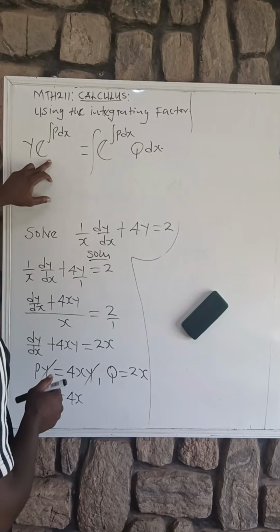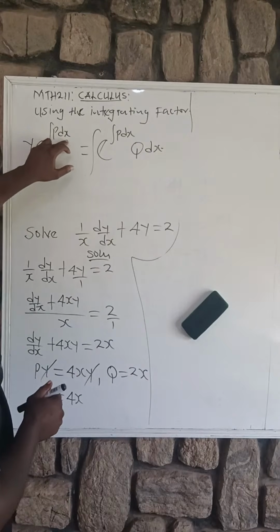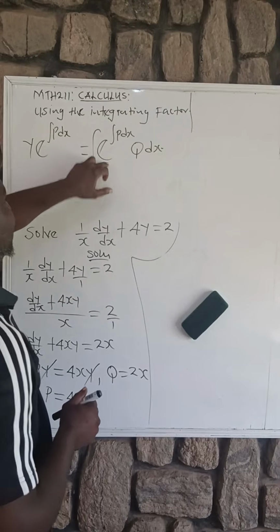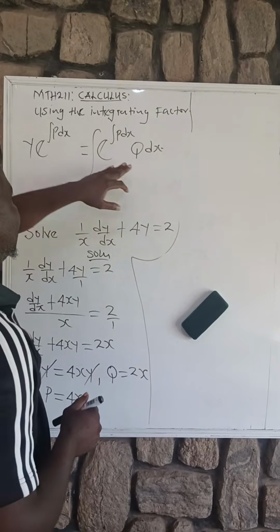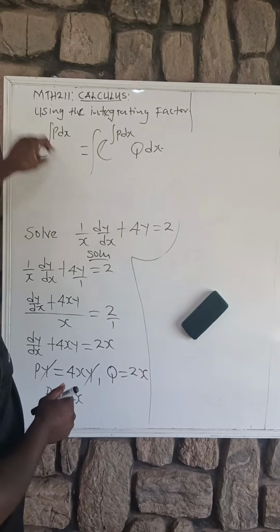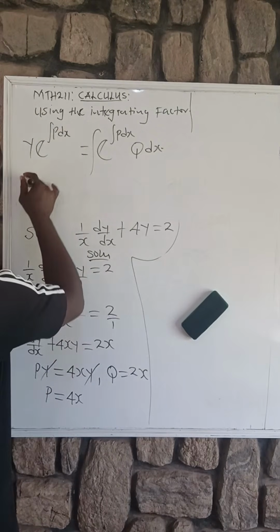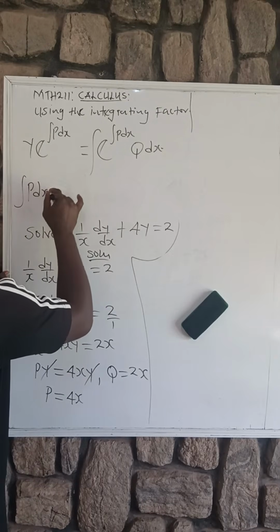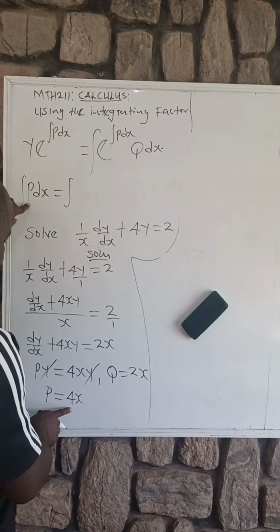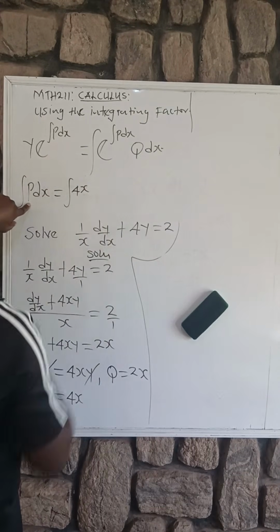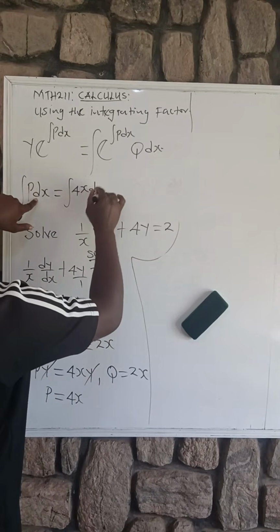But since the formula is y exponential integral p dx equals integral exponential integral p dx times q dx, if I were you, first integrate this. That is, our integral p dx equals the integral of what is our p? Our p here is 4x, right?